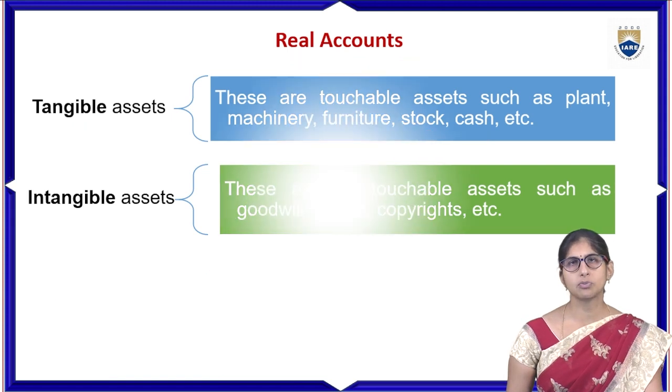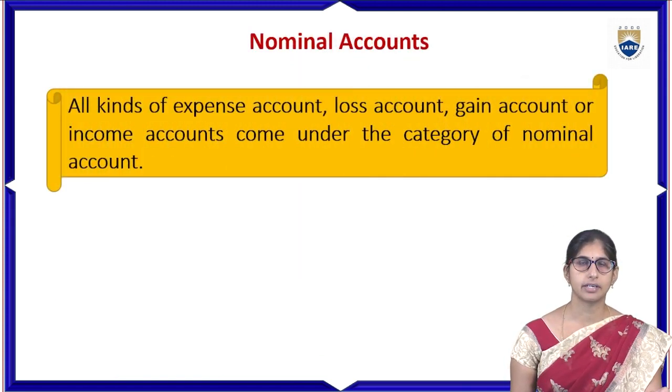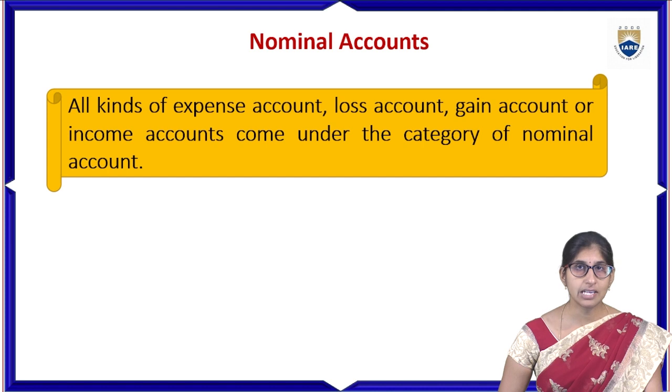Now let's move on to the nominal account items. So what are the nominal account items? Generally, in a nominal account we see what expenses we have, what gains, what losses, and what income we have.